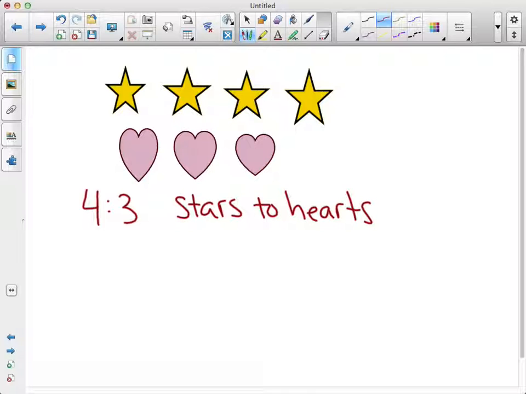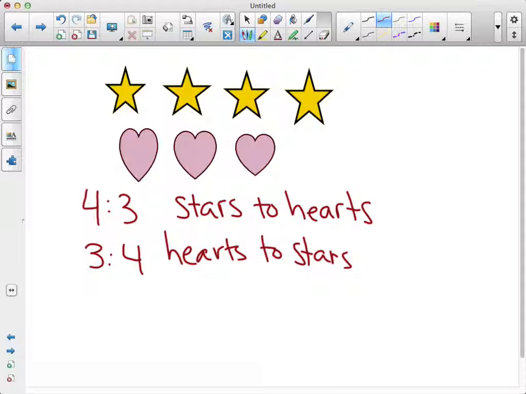If I want to talk about 3 to 4, then I'm talking about the ratio of hearts to stars. The order, I can't stress this enough, the order is very, very important, the order of the numbers.